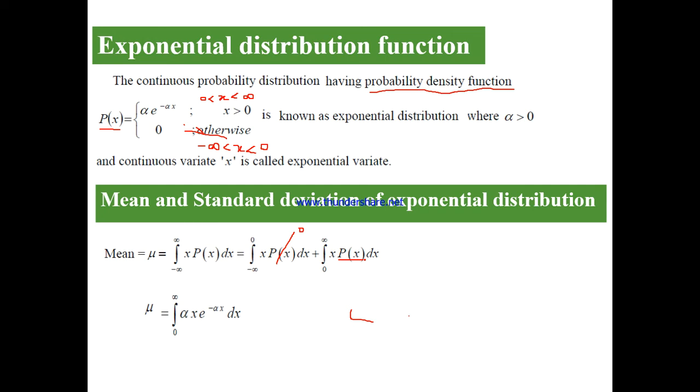Alpha is a constant. Let us take it outside and integrate. Using integration by parts, this would give us: keep x as it is, e power minus alpha x divided by minus alpha. Now, differentiation of x is 1. Integrate this. It's going to be e power minus alpha x by alpha square between the limits 0 to infinity.